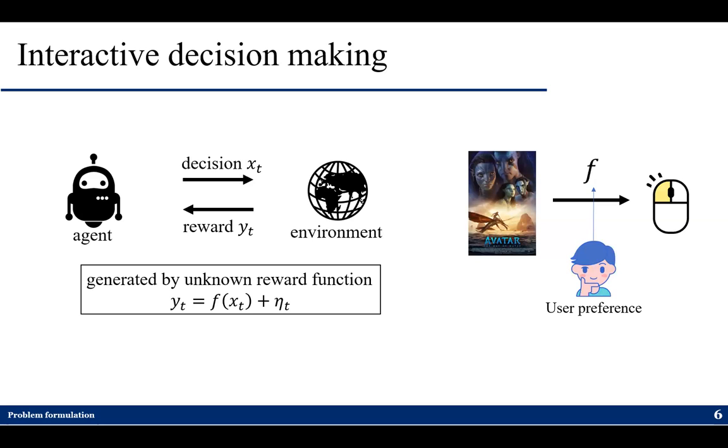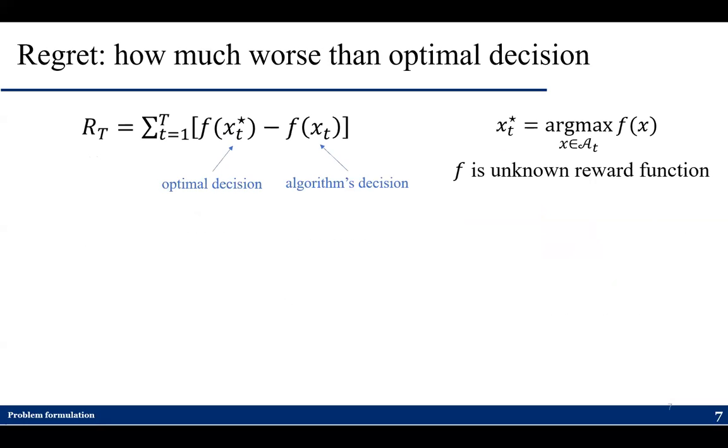So using the recommender system example, in this case, the unknown reward function is simply capturing the user's preference, which is unknown to the recommender system, but we want to learn it through interactions. Feel free to interrupt me if you have any questions.